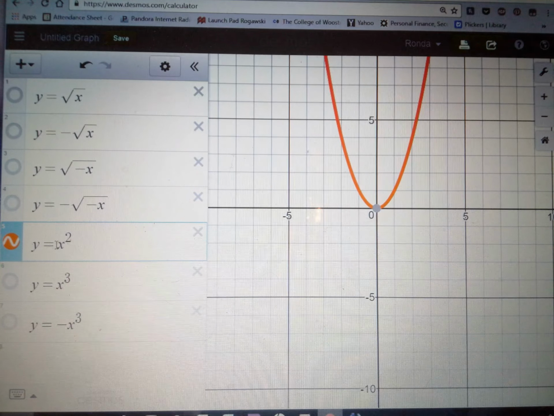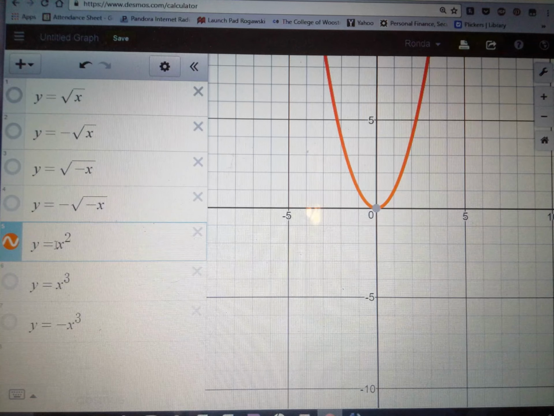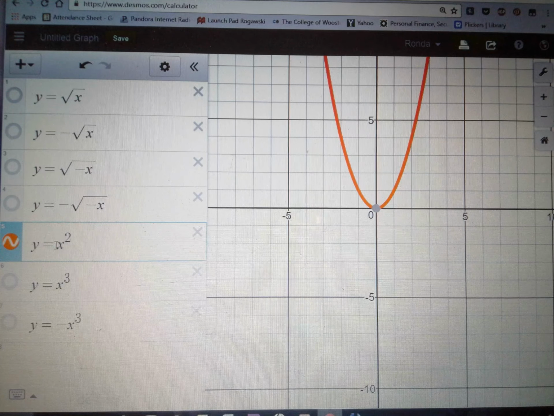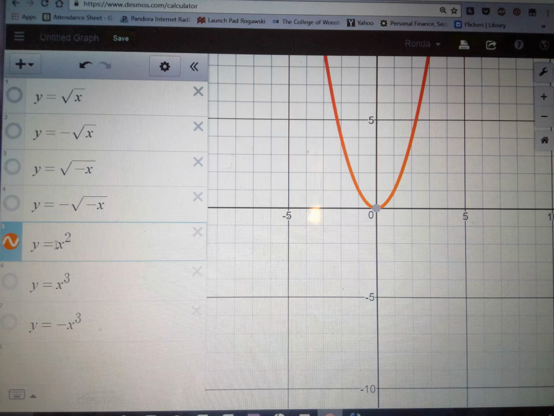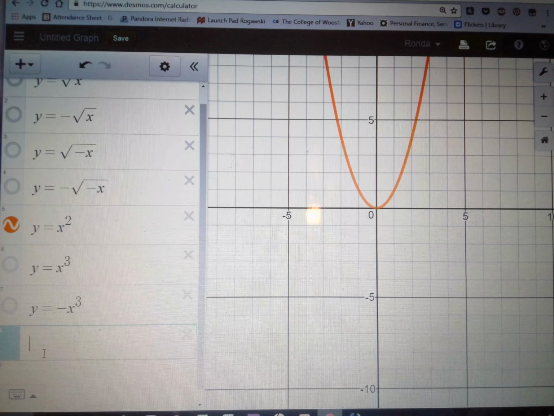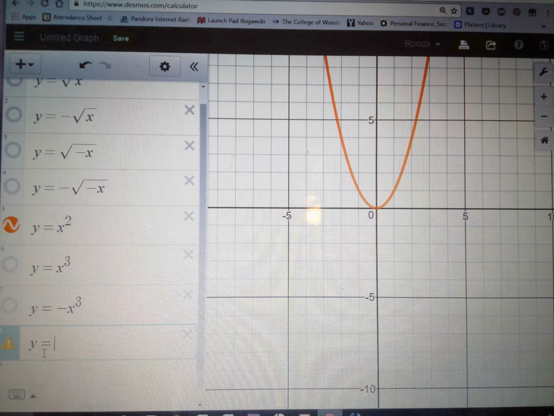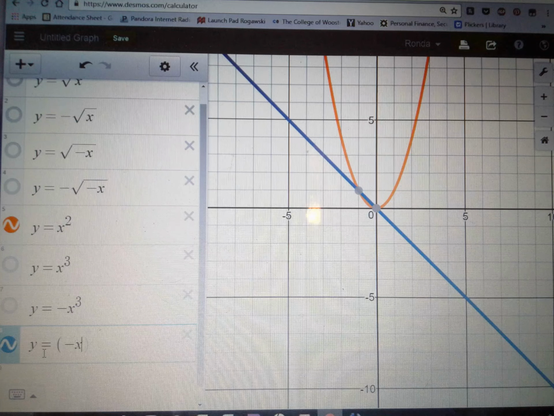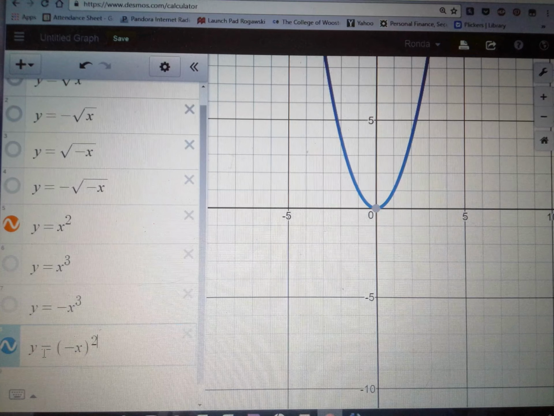That means if I'm trying to reflect it across y, I need to use parentheses. Let me add another one down here: y equals, in parentheses, negative x, squared. There's no difference.